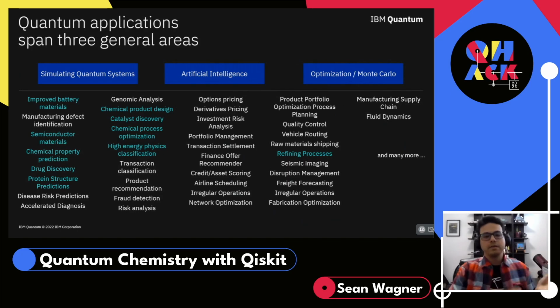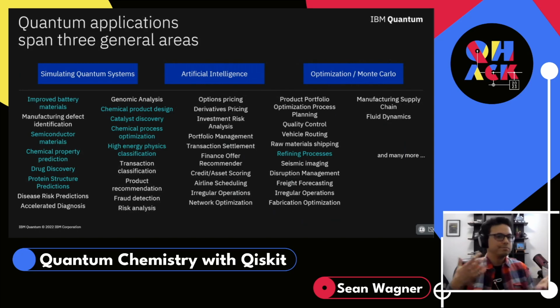Now, what I've shown on this slide is a whole lot of different kinds of use cases. These are use cases that we here at IBM have been seeing just generally in the industry, but also with the clients that we've been dealing with. But highlighted on this slide in blue are chemistry type problems.